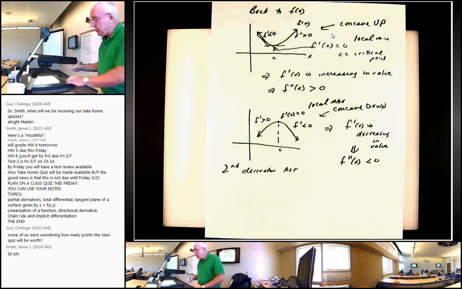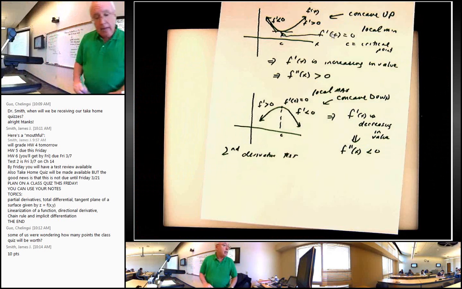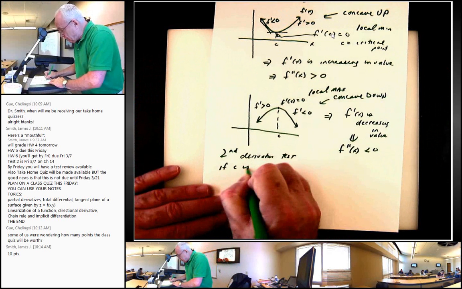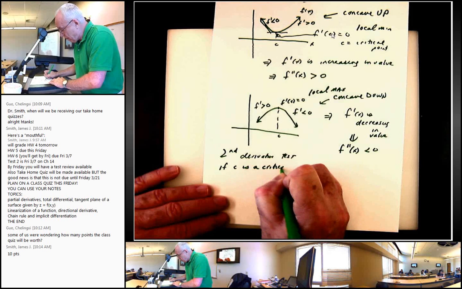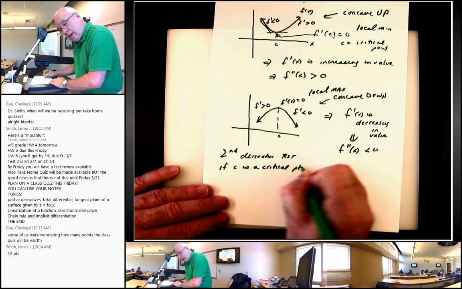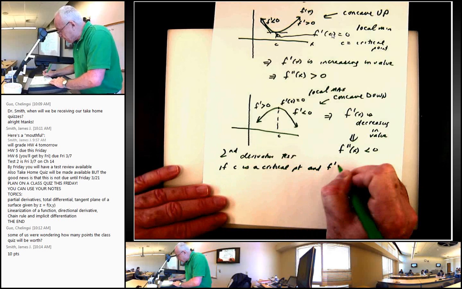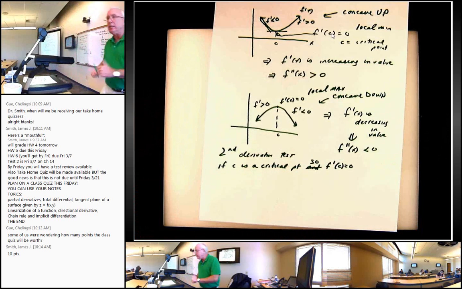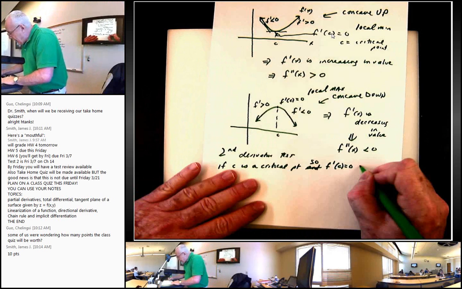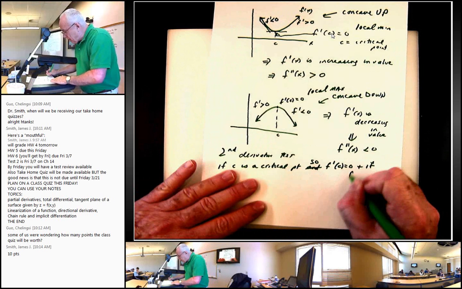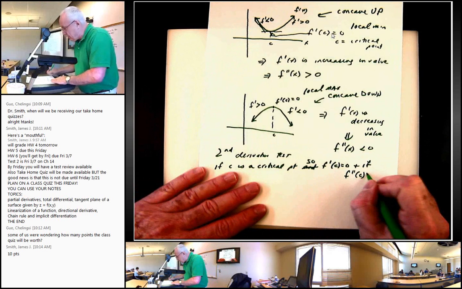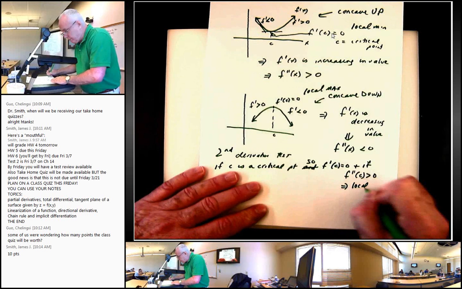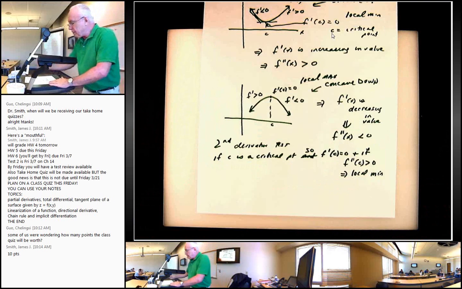Okay, so here's the second derivative test, and it says this. If c is a critical point, so therefore f prime of c equals 0, and if f double prime of c is greater than 0, then we have a local minimum. That was my first graph.